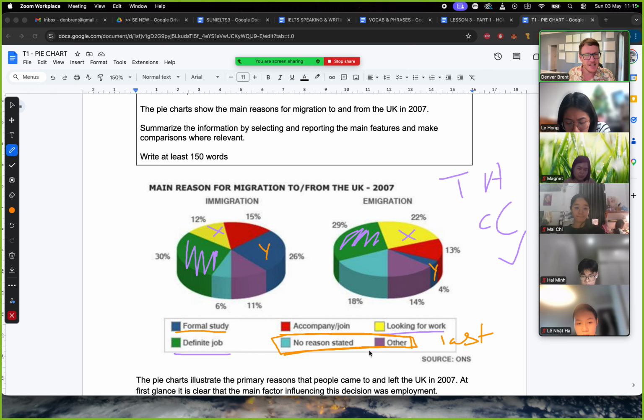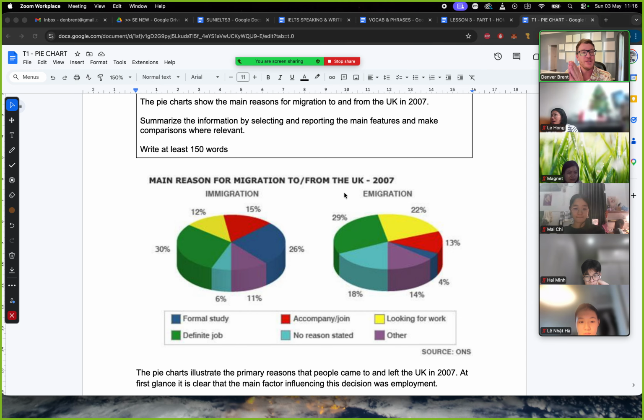If I'm writing a paper and I ask you to do research, why are people leaving and coming to the UK, and you say many people didn't give an answer, that doesn't help my research. So these are generally not important. You got it. Easy.